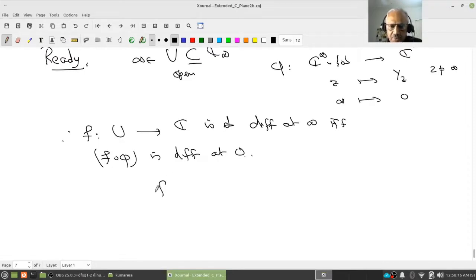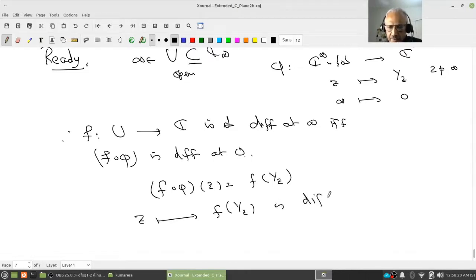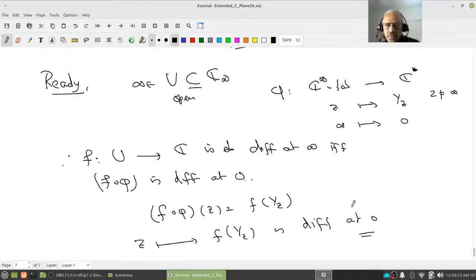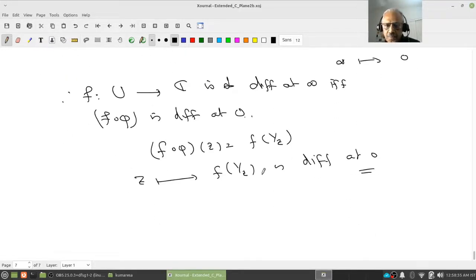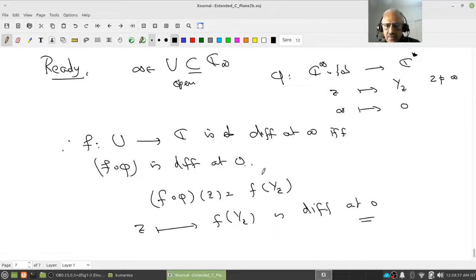But what is F composite phi? F composite phi at Z is F of 1 by Z. Therefore, the map Z going to F of 1 by Z is differentiable at 0. Okay, do you understand this?